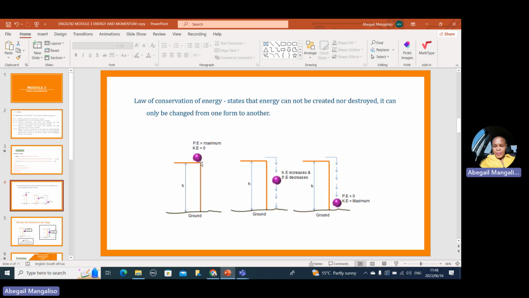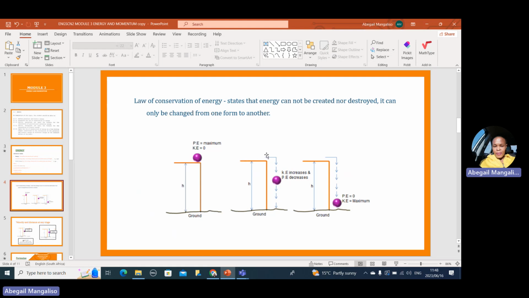Since the object is stationary, the kinetic energy will be zero, because when velocity is zero, an object has no kinetic energy. When you substitute v as zero in the formula half mv squared, the kinetic energy will be zero. But the potential energy, by virtue of this height, will be maximum. So it has potential energy.